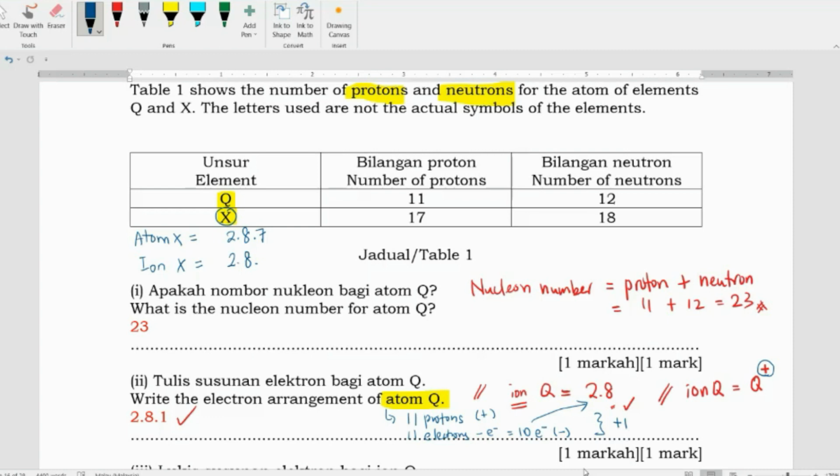2.8.6 is still not balanced, not stable. Our purpose during the chemical reaction is for it to be 8, which is stable. We call it octet, O-C-T-E-T. Octet electron arrangement means it's stable. So try again, 2.8.